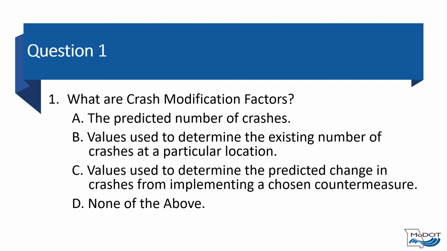Question 1. What are crash modification factors? A. The predicted number of crashes. B. Values used to determine the existing number of crashes at a particular location. C. Values used to determine the predicted change in crashes from implementing a chosen countermeasure.